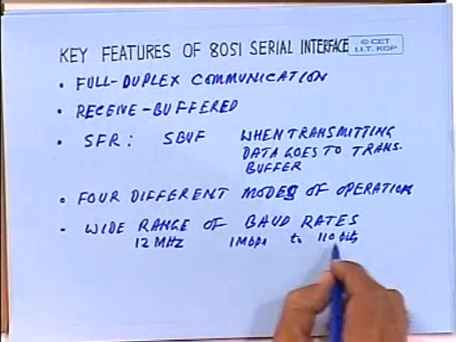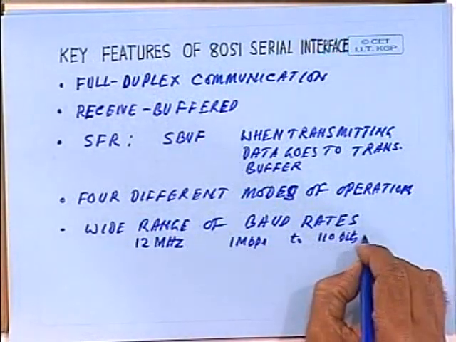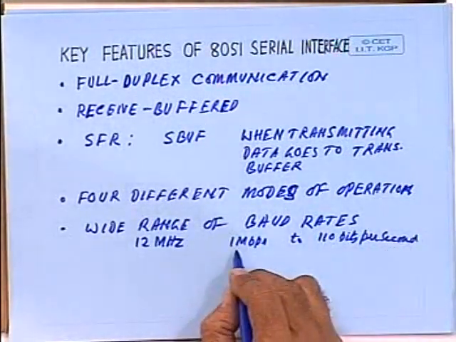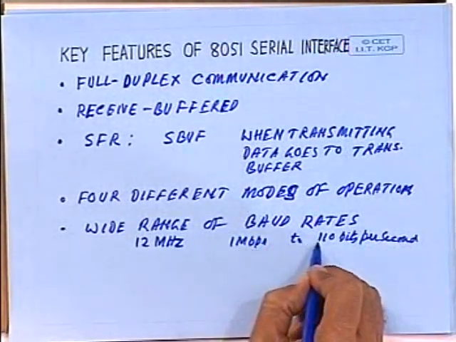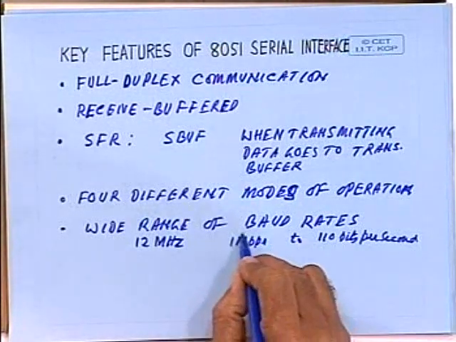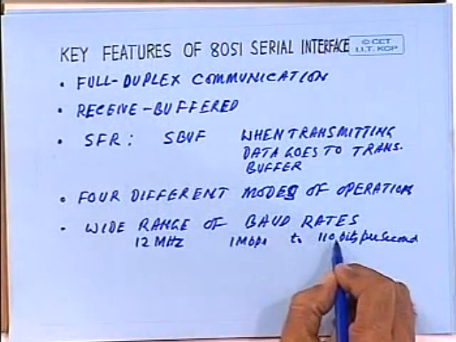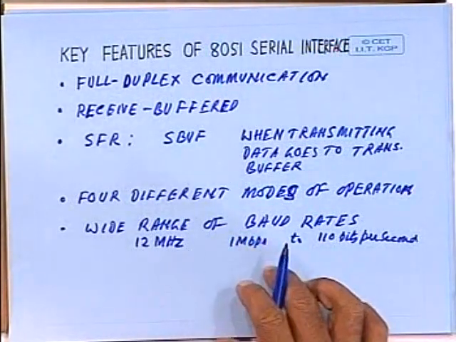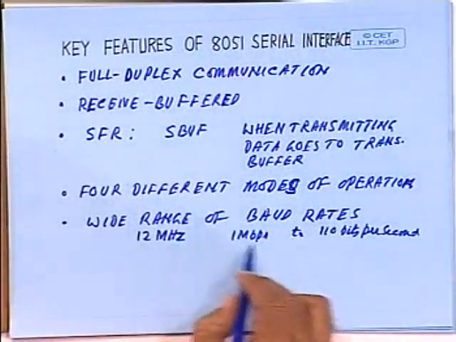So such a wide range of baud rate is available. You can see it will definitely satisfy the need for high speed data communication and also low speed data communication, depending on the application. So it supports a wide range of applications.